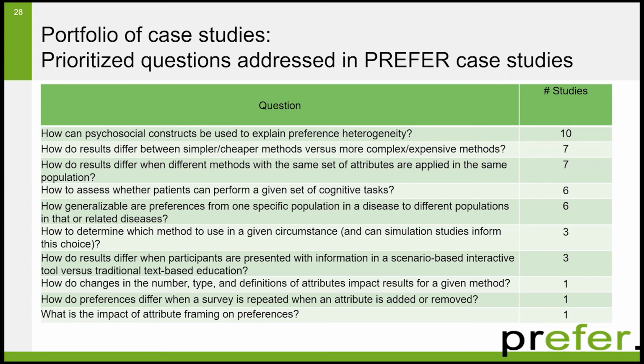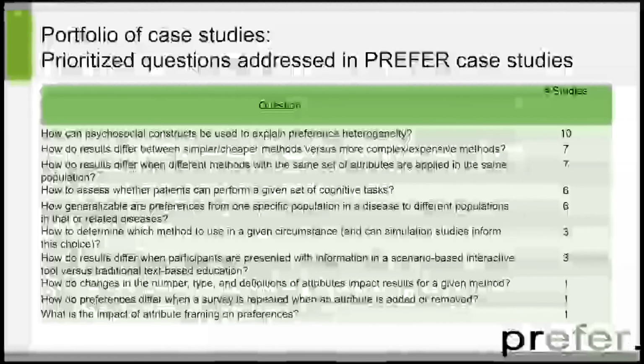And one of the aspects we had under there was that we asked a lot of case studies to include measures of health literacy and health numeracy, because we think those are two psychosocial constructs that are very strong; there's a lot of evidence out there showing that these should be measured more often, in terms of the way that they can help to understand patient preferences. So this is what we did. This is how the case studies were organized and how the research questions were designed to address them.